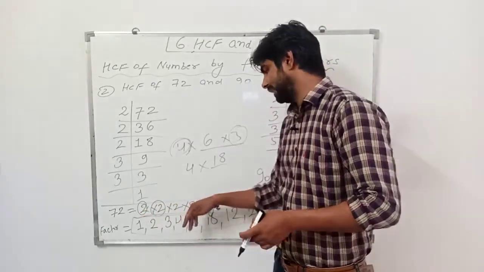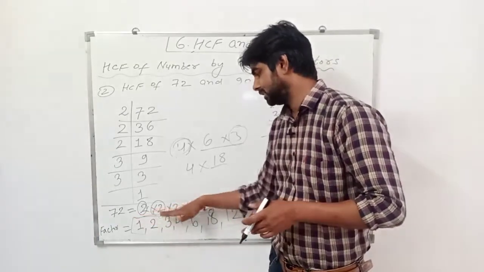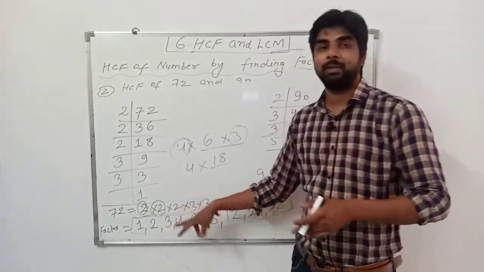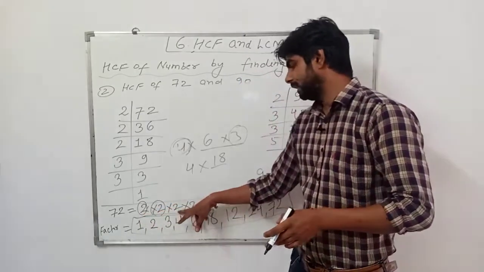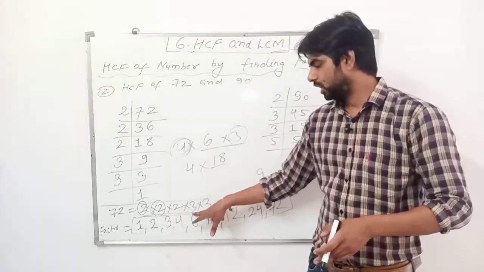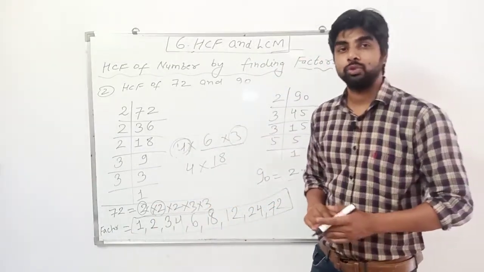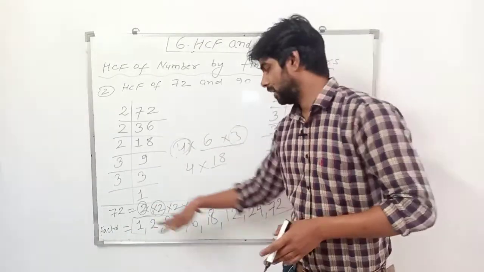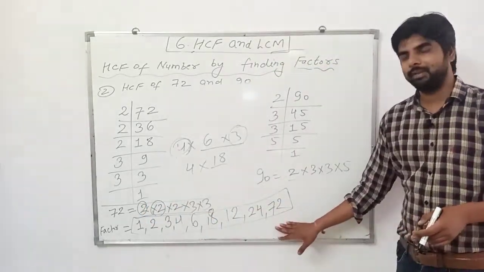If we multiply 2 by 3 we get 6, that means 6 is also a factor. If we multiply 2 by 4 we get 8, that means 8 is also a factor of 72. If we multiply 8 by 3 it is 24, that means 24 is also a factor. So we can find different numbers by multiplying them with each other. So they are the different factors of 72.